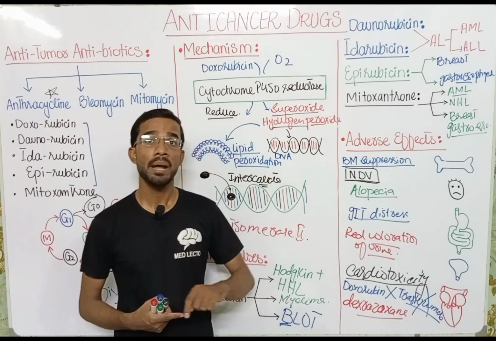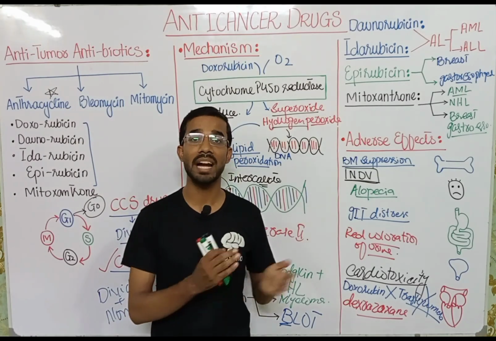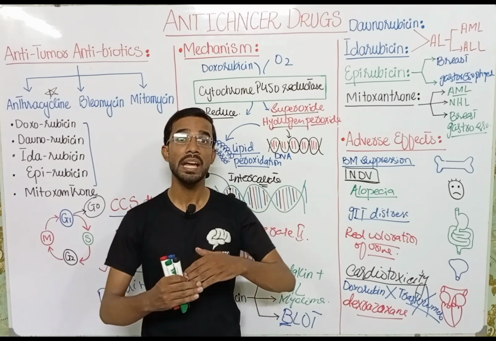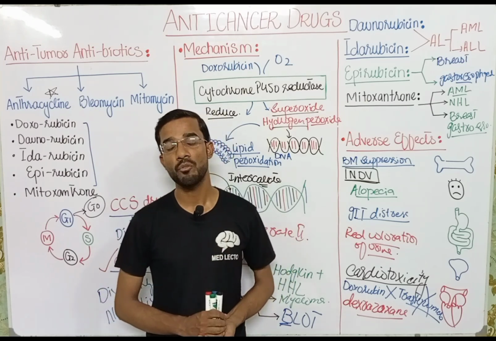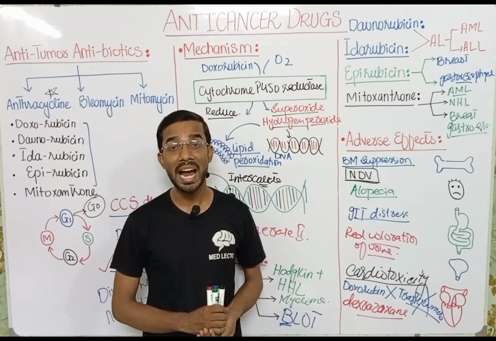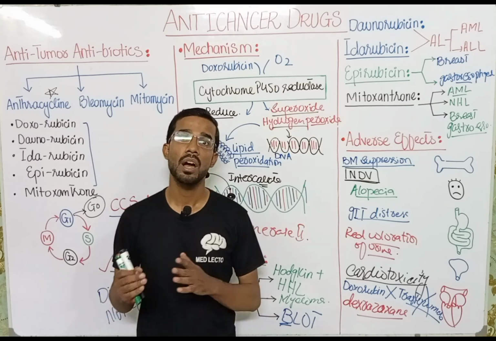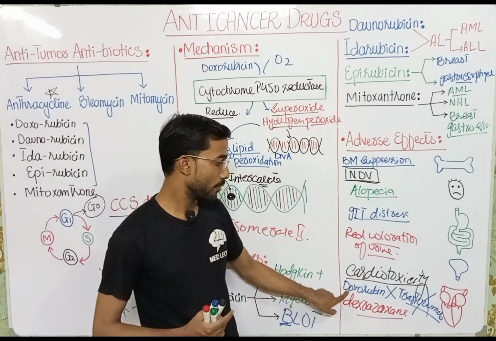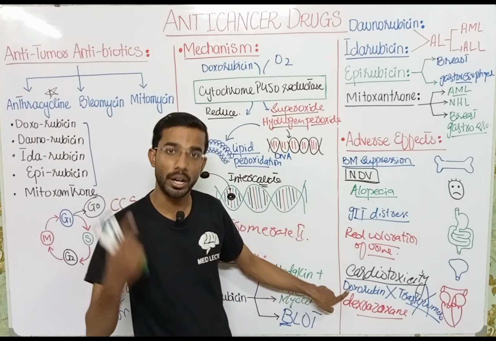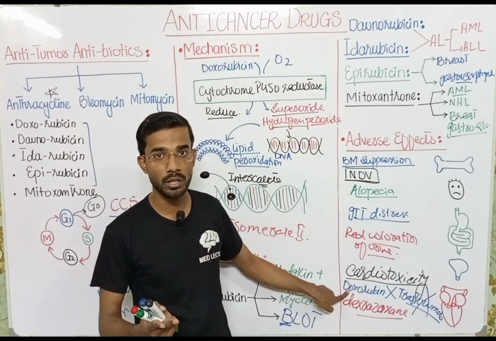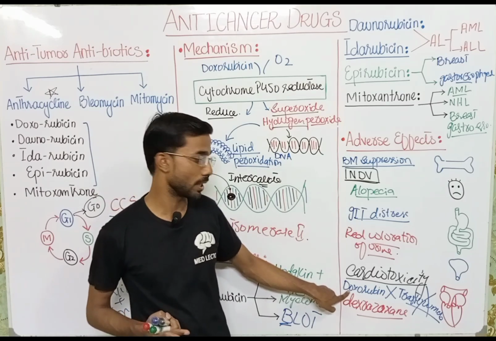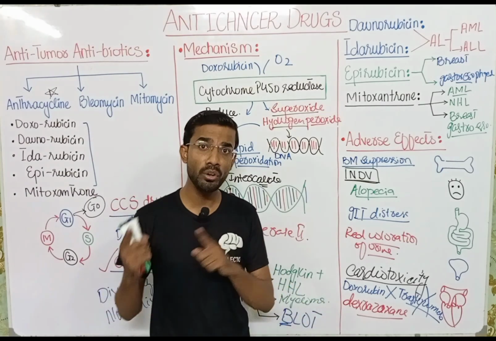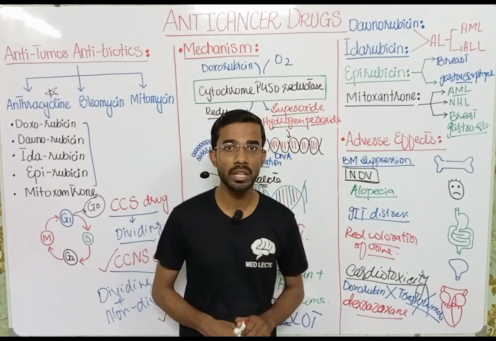And second is a modified form of doxorubicin, the liposomal encapsulated doxorubicin. That is an alteration in the formulation of doxorubicin that also causes less cardiotoxicity. So these are basically the two options. When we use doxorubicin, you will see cardiotoxicity, so you have two options to reduce it: first, dexrazoxane, and second, the liposomal formulation of doxorubicin.